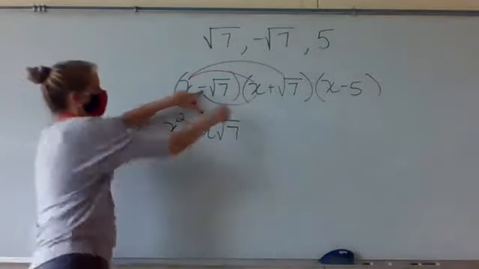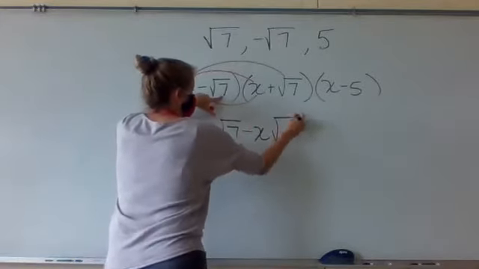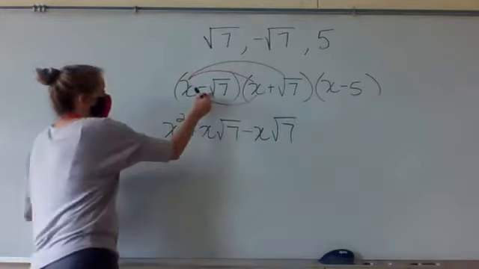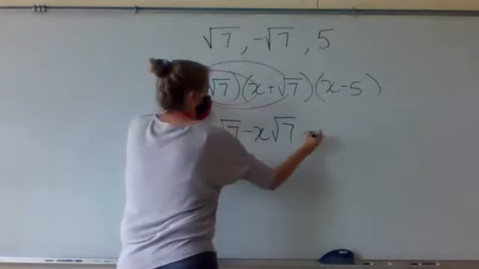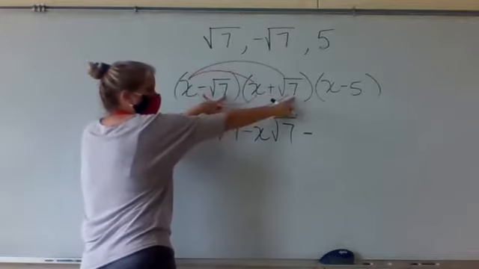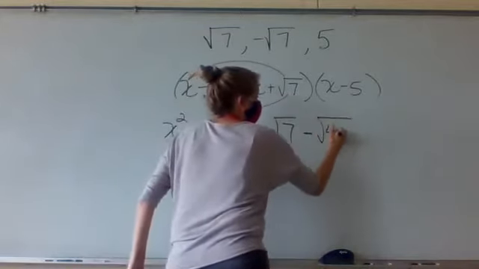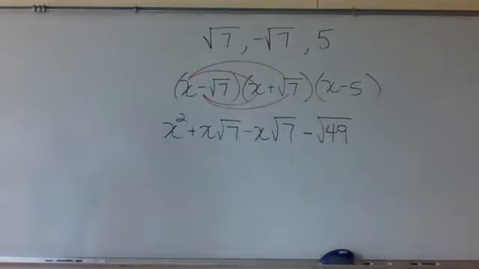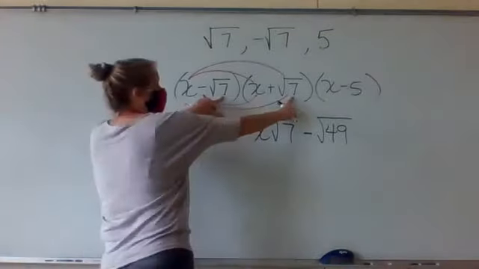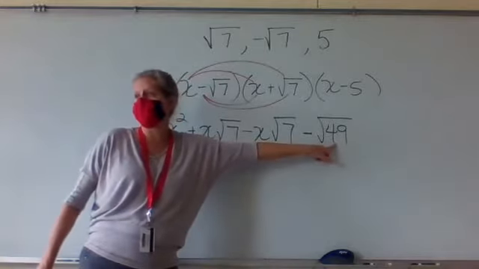This one will be a negative x in front of the square root of 7. And then my last, negative times a positive gives me negative. Multiply the square root of 7's together, which gives you the square root of 49. Because both of those 7's are underneath the radical, you multiply those 7's together. That's where I got that 49.